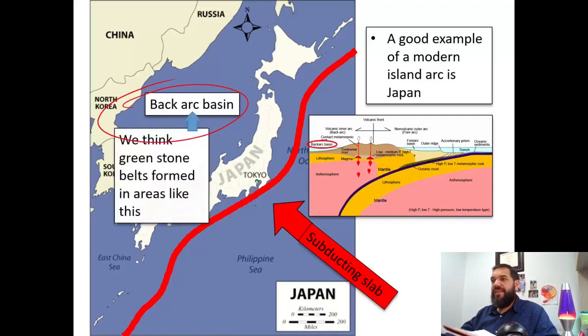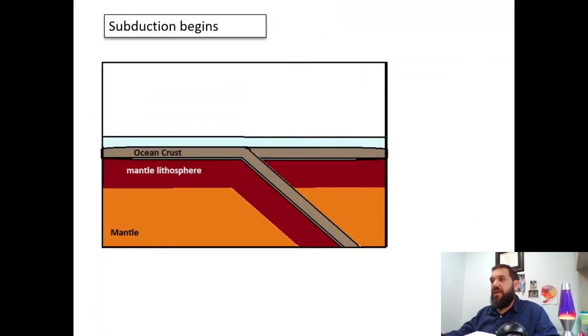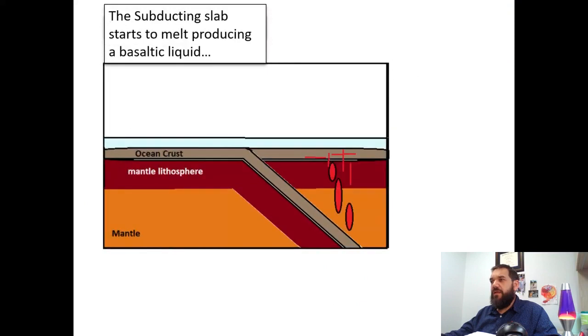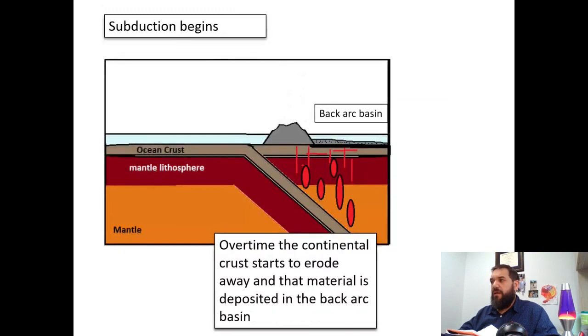So we think that greenstone belts formed in areas like that. So you get subduction begins, you get flux melting, producing a basaltic liquid, you get new continental crust. That's the volcanic arc. As that volcanic edifice erodes, you get marine sedimentary rocks with a lot of mafic and intermediate volcanic pebbles and sand, right?